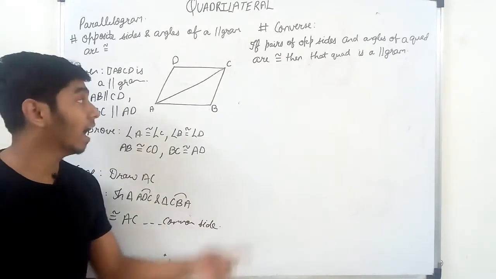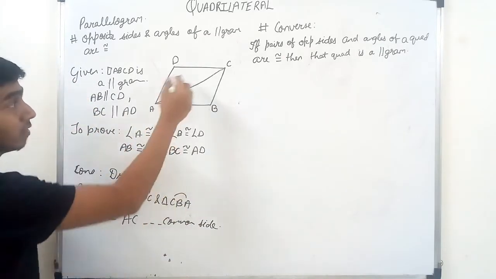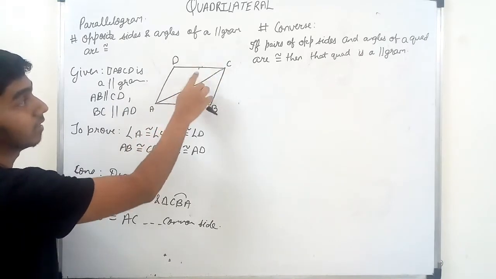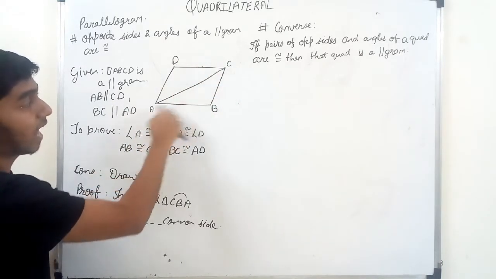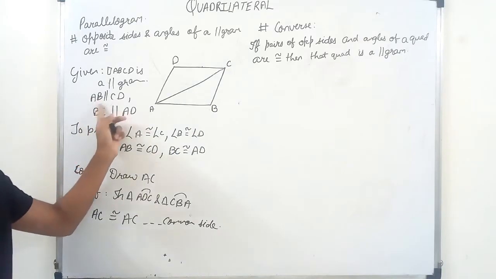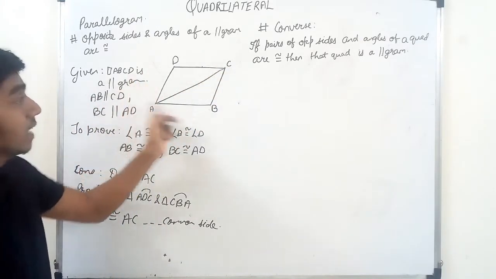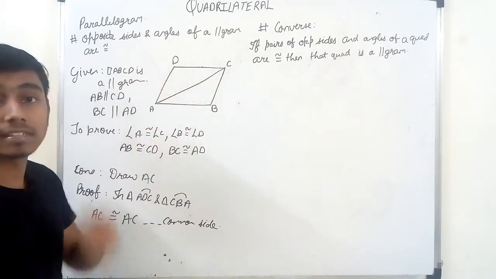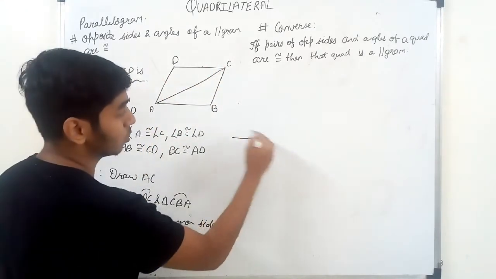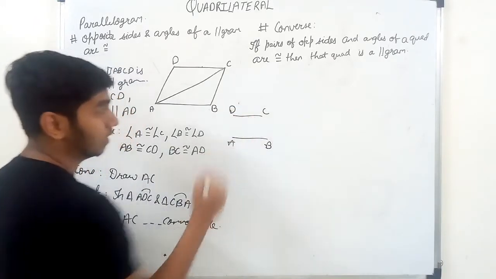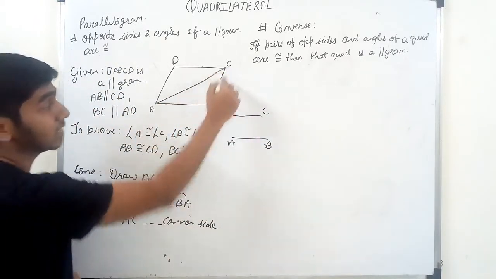Now if you see this side, CD and AB, they are parallel, and AC is the transversal.